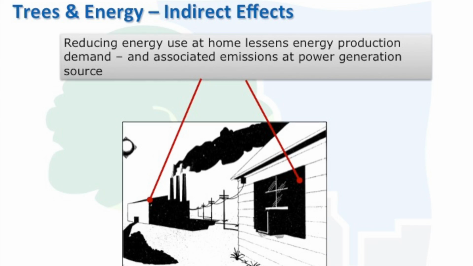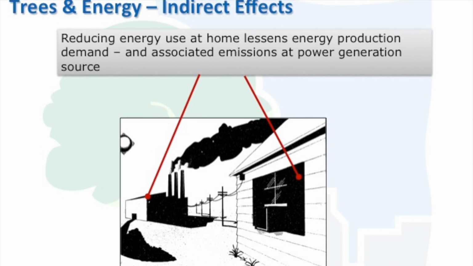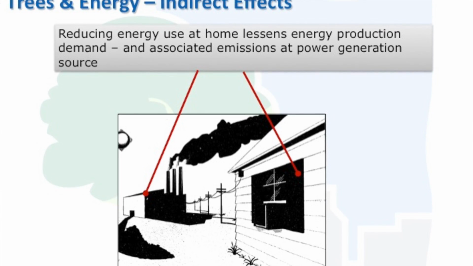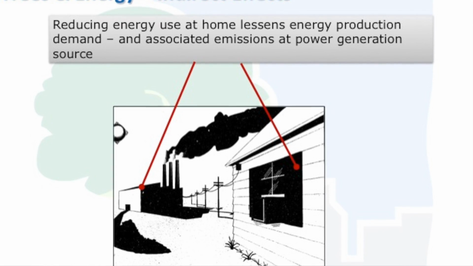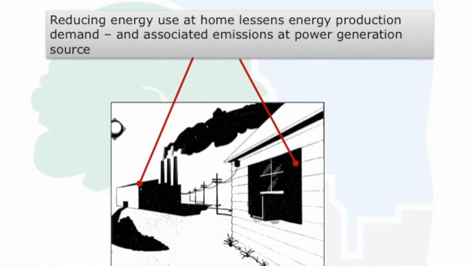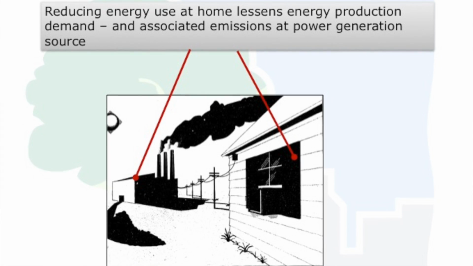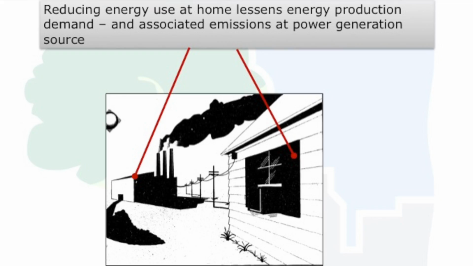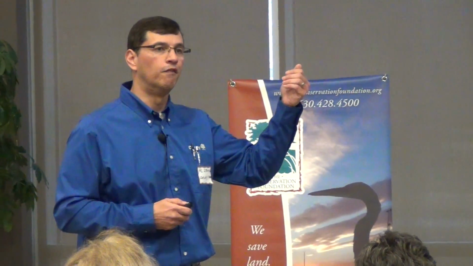The last effect is those indirect effects. I talked a little bit about that. What we like to do is account for the fact that if we're using less energy because we have proper landscaping around homes and businesses and so forth, then there's less demand at the production place. So that's going to account for less energy needs there and then less emissions also. What you'll see in the models is the word avoided: carbon avoided, pollutants avoided, energy avoided.